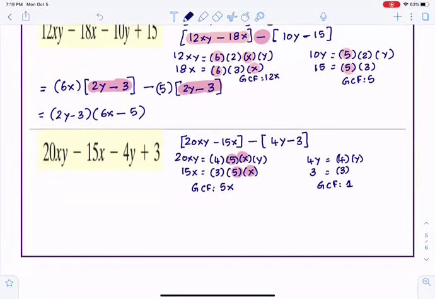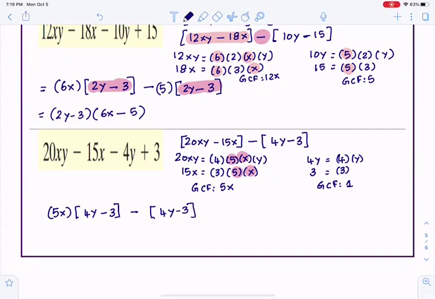So in the first two terms, if I pull out 5x, I am left with 4y from 20xy and -3. Because if I take 5x out of 15x, there is a minus in the middle, and I've got 3. So minus, we have 4y minus 3.